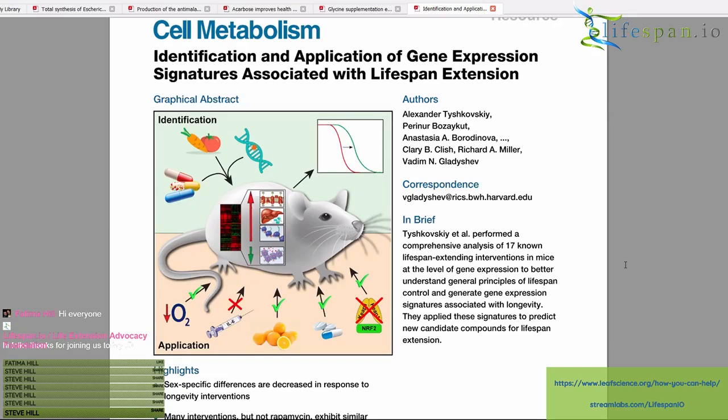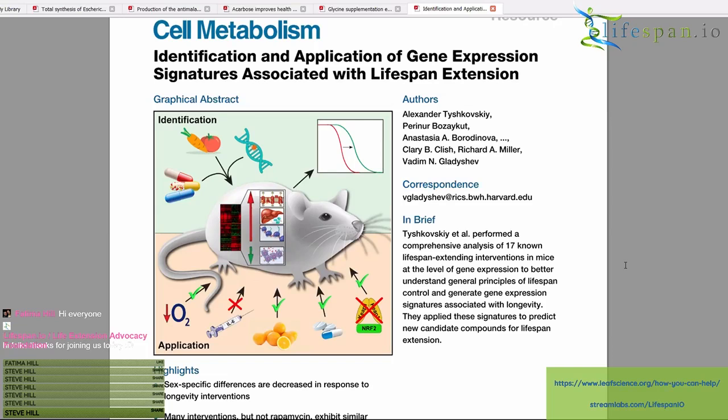So the idea was to look at which genes are consistently associated with lifespan extension across different interventions, regardless of the type of intervention. You may have a diet, you may have a certain mutation, for example growth hormone receptor knockout. You may have different drugs such as rapamycin, acarbose, etc.